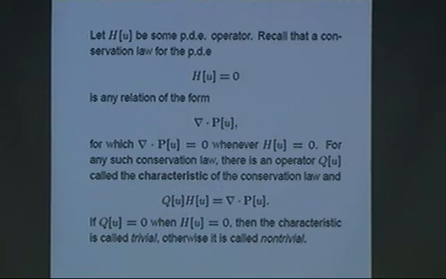It's a biconditional. Everything here is smooth, but if it has a conservation law, then there's some Q out there that'll do that. And that's called a characteristic. Of course, if Q is 0 and H is 0, then we're not really any further ahead. It's a trivial characteristic. If Q is 1, for example, then the PDE is in divergence form.